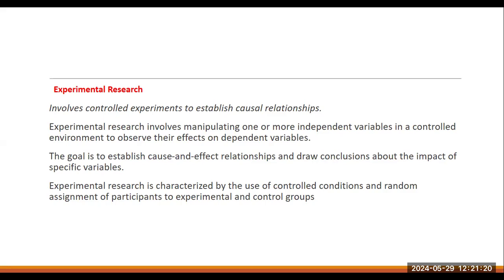As I said, experimental research in marketing involves the systematic manipulation of one or more independent variables to observe the effects on the dependent variables, right? This research is designed to establish the cause and effect relationship. There may be some components like control conditions, right? Experiments are conducted in a controlled setting to minimize the influence of other variables.